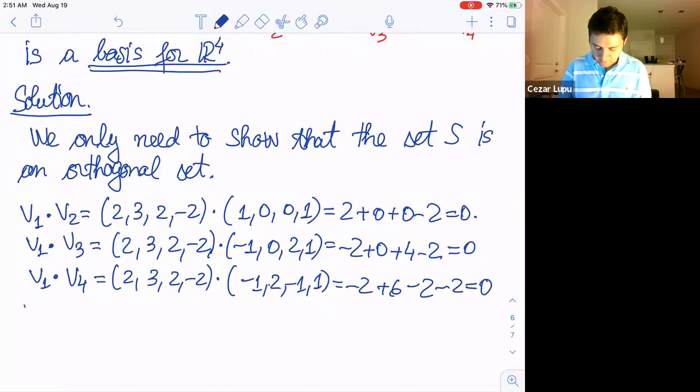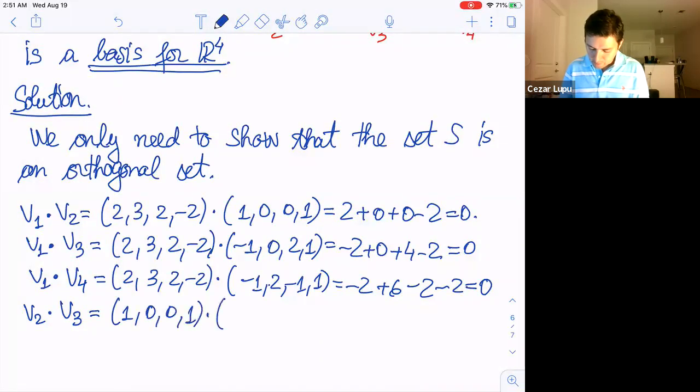Now let's look at v2 dot v3, which is (1, 0, 0, 1) dot with (-1, 0, 2, 1).